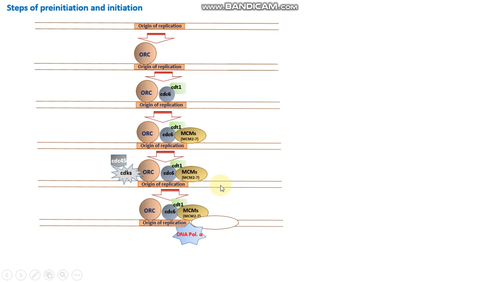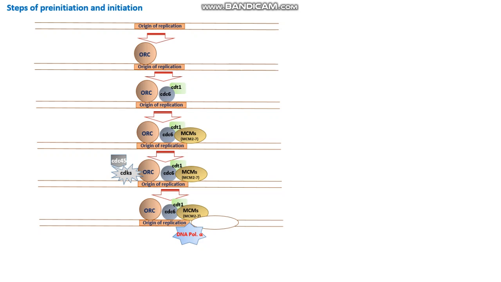Another point I want to mention here is that when the upregulation of the CDK proteins occurs, it starts the G1 to S phase transition. So the S phase starts from the activation of the CDK proteins. Alright.